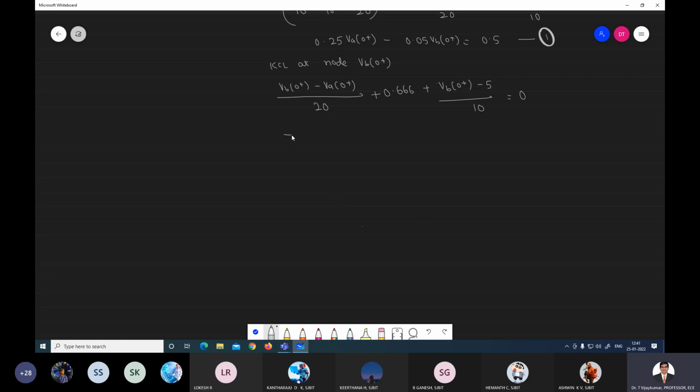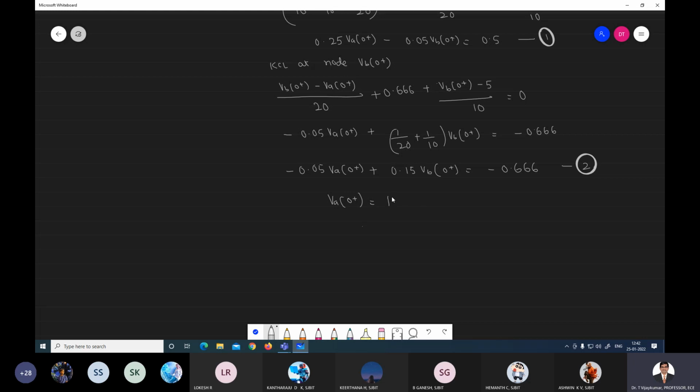This gives minus 0.05 VA0 plus plus (1 by 20 plus 1 by 10) VB0 plus is equal to minus 0.666, which is 0.15 VB0 plus. Call this equation 2.